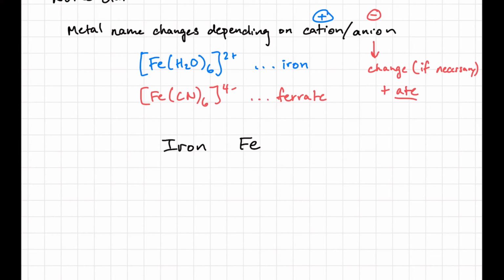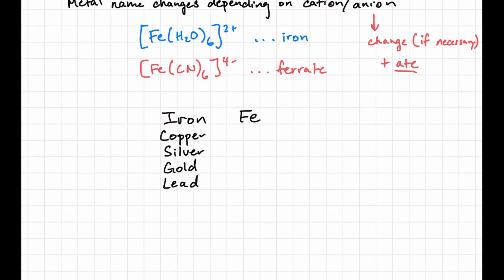Some really big examples of this that you'll probably see a lot of are copper, silver, gold, lead. I'm trying to think of any more off the top of my head. I know there's a fair amount, but if you see any of these, you need to change it to Cu, Ag, Au, and Pb.